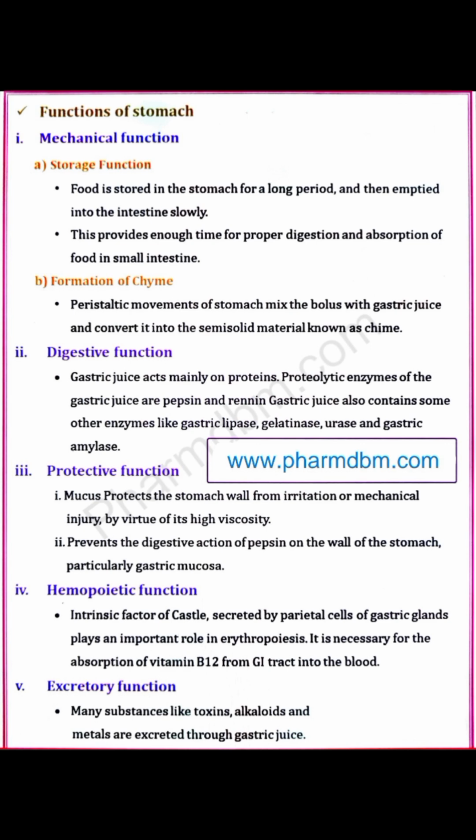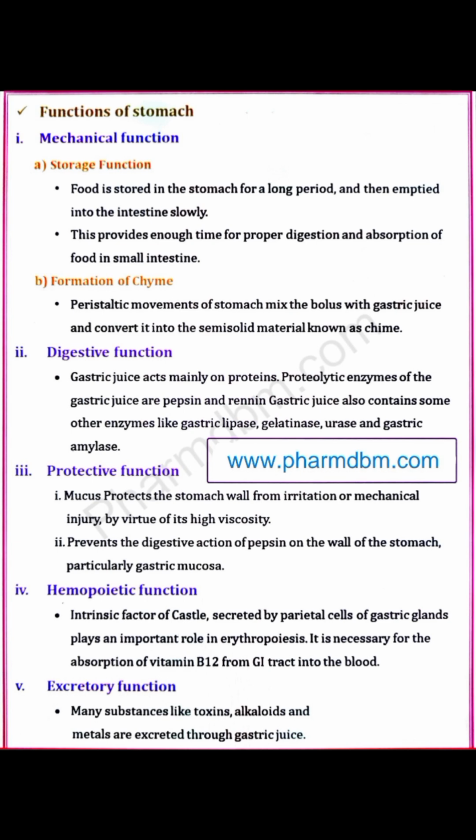Third one, protective function. First one, mucus protects the stomach wall from irritation or mechanical injury by virtue of its high viscosity. Second one, it prevents the digestive action of pepsin on the wall of the stomach, particularly gastric mucosa. Fourth one, hemopoietic function.